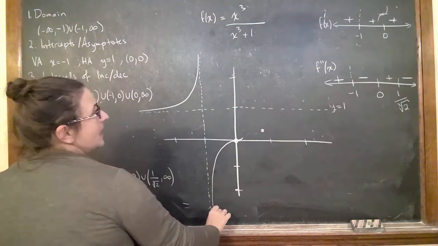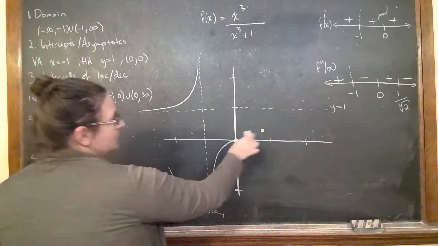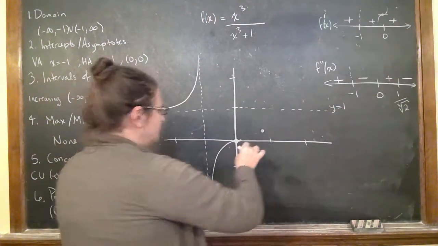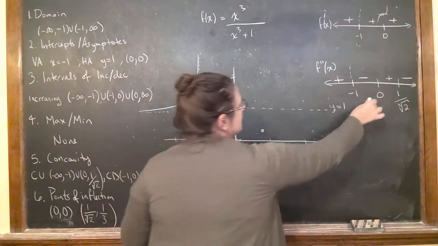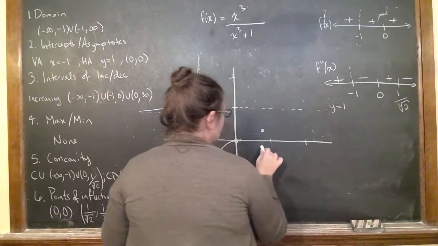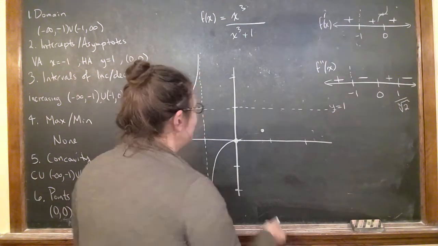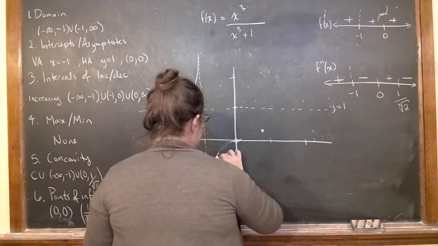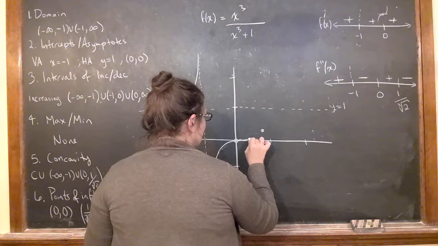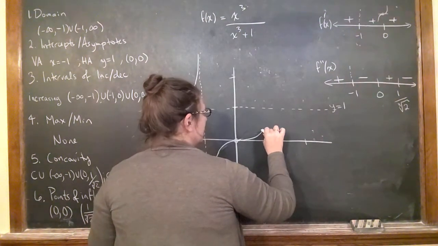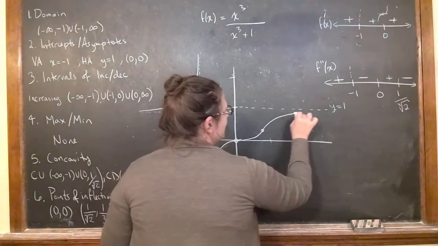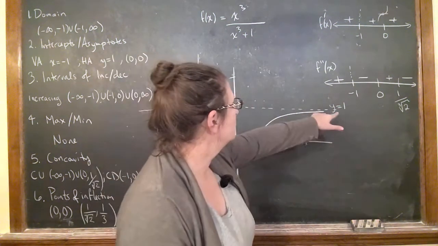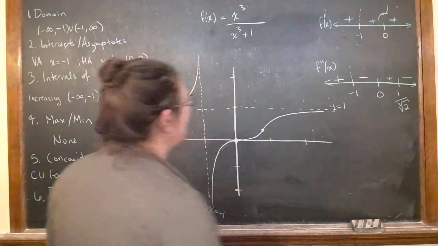So I have concave down, and then it's going to do a little doohickey here because from 0 to this 1 over cube root of 2, it's actually concave up. So it flattens out, and then it's going to do this, but then it's going to turn around and do this, because I have to be going to y equals 1 at the end.